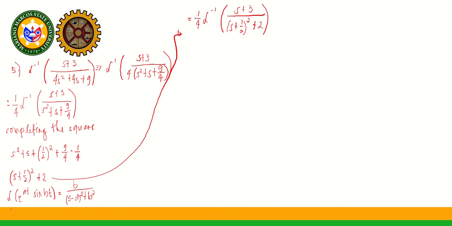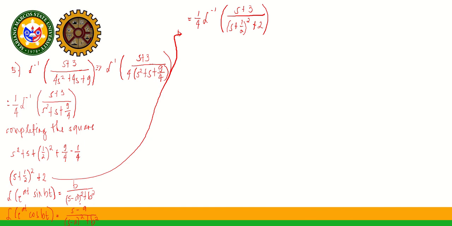Tapos, yung Laplace of e raised to at cosine bt is equal to s minus a over s minus a squared plus b squared. Okay, so this equation somehow looks like this one.